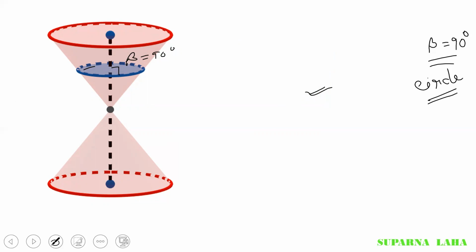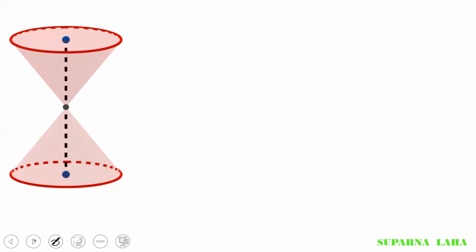Next, if alpha is less than beta, which is less than pi by 2, that is, the angle between the plane and the axis of this double napped right circular cone is greater than alpha but smaller than pi by 2, so it is between alpha and pi by 2.